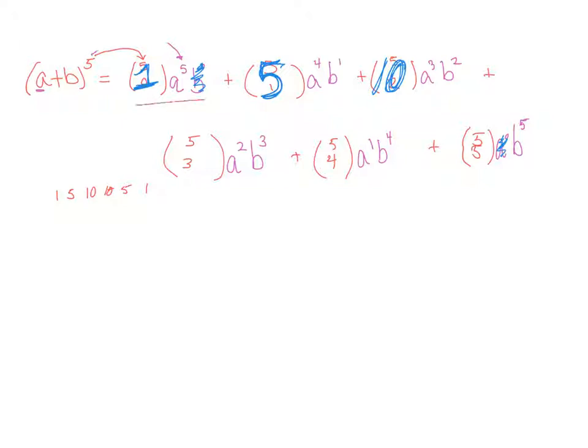Taking from up top, this one first, I have 1a to the 5th. I don't need the 1 in front, so I just have a to the 5th, right? Next, we've got plus the second term, which is coming down right here, 5a to the 4th, b to the 1st. I don't need to write to the 1st.